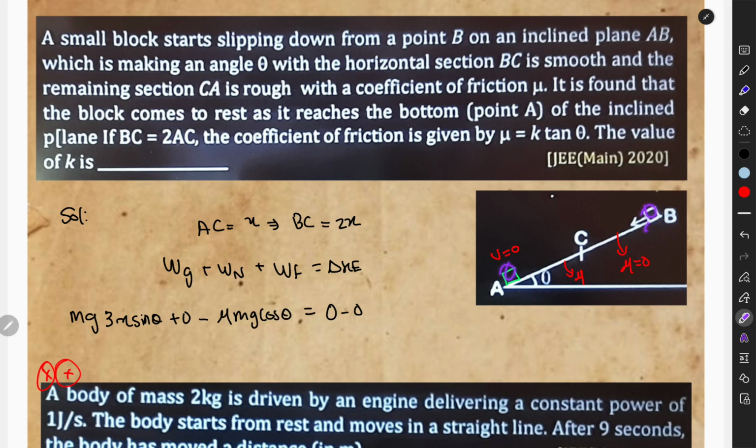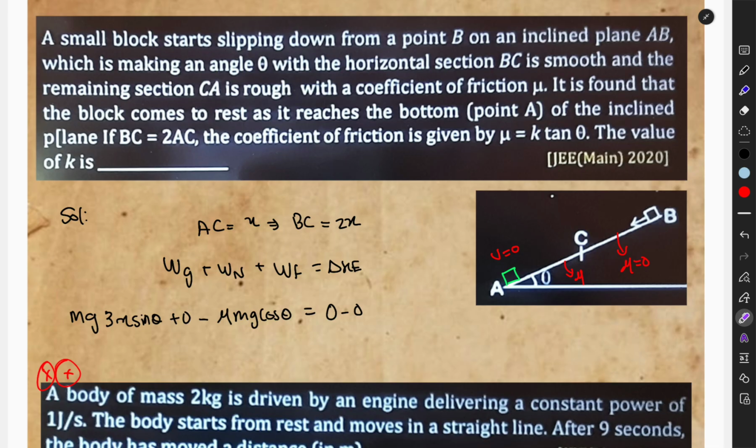So if we take this as x, they have said this will be 2x, so this length will be 3x sine theta. So mg 3x sine theta will be the work done by the gravity. Work done by the normal will be equal to 0, and work done by the friction will be equal to mu mg cos theta.